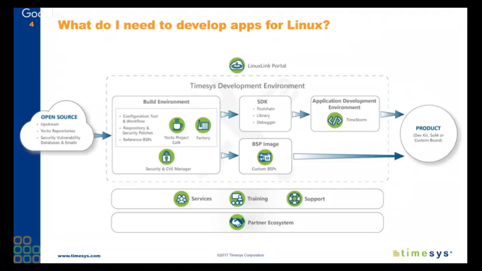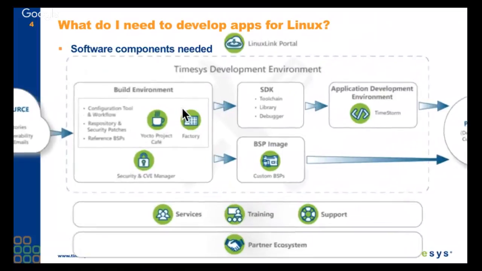The picture that you see right now represents a development environment as supported by us. You can see a build environment, which is powered by either the Yocto build system or another build system. We also offer a factory build system, but that side is still associated with system-level development.